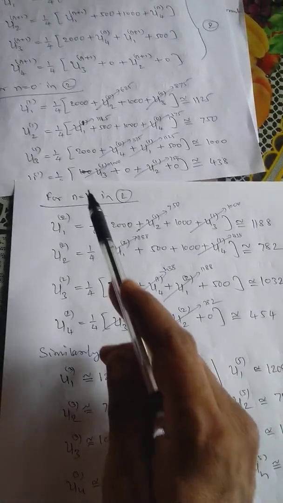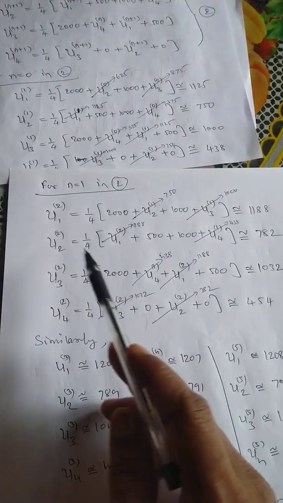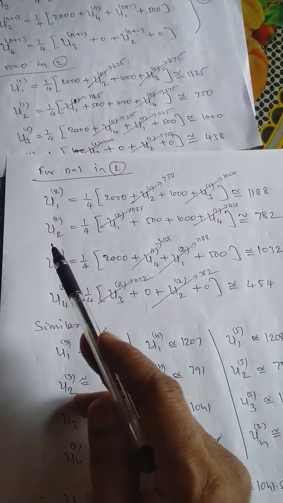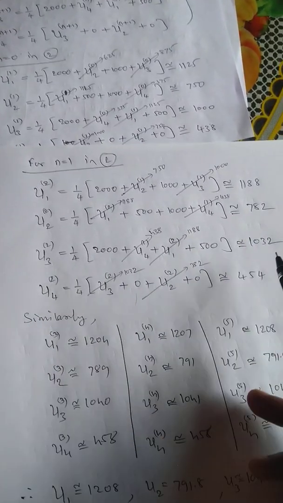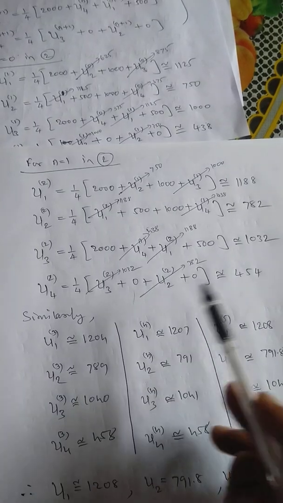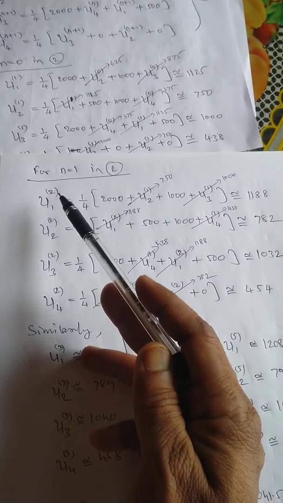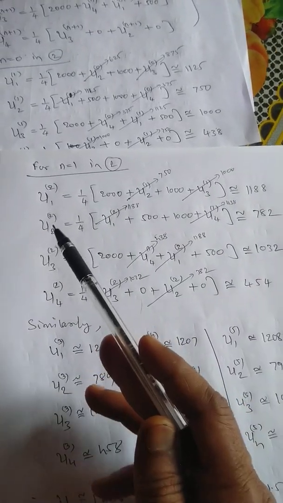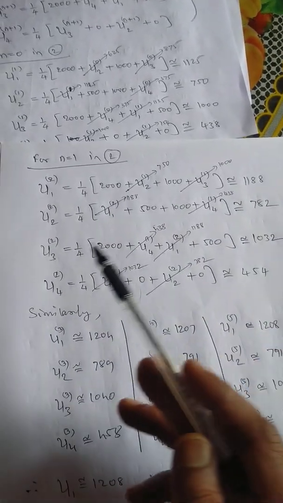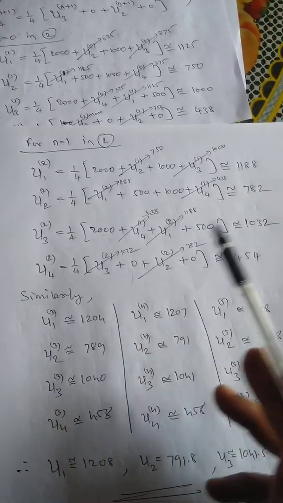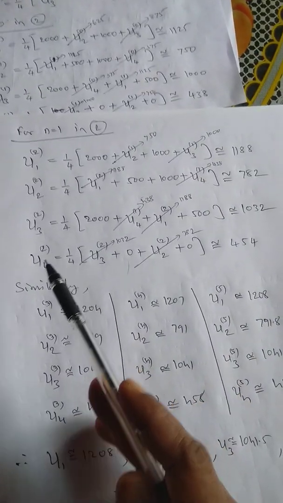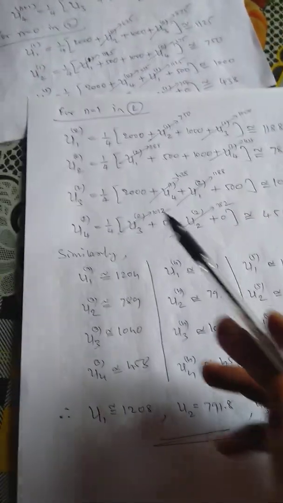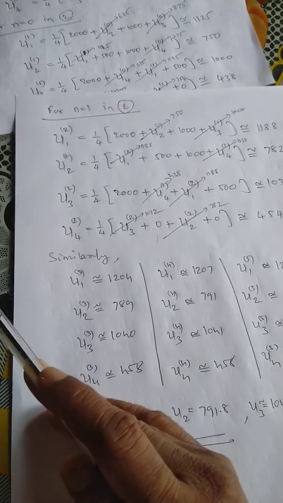So for n equal to 1, the second approximation of the solution is U1 equal to 1188, U2 782, U3 1032, U4 454. That means the second approximated temperature at U1 is 1188, at U2 is 782, at U3 is 1032, at U4 is 454. So this is how we calculate by the Gauss-Seidel method.